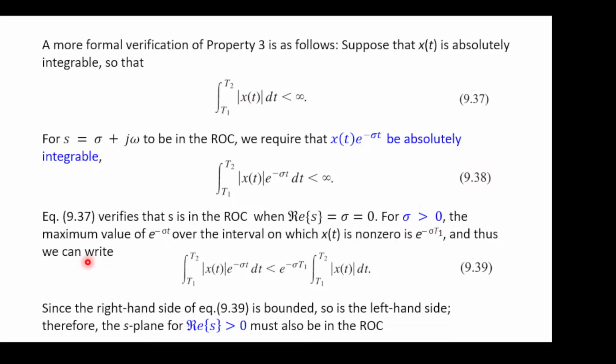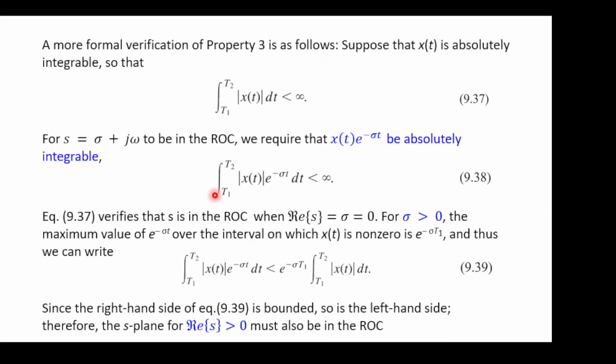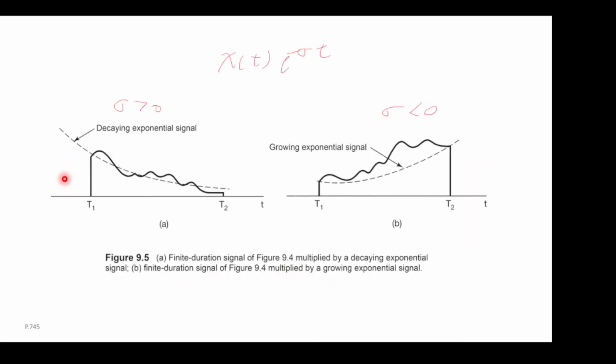And then there are 2 cases. For sigma bigger than 0, we have x of t times e to the minus sigma t dt. And then we think about this e to the minus sigma t as an exponential decay function. So the biggest value is at t1.